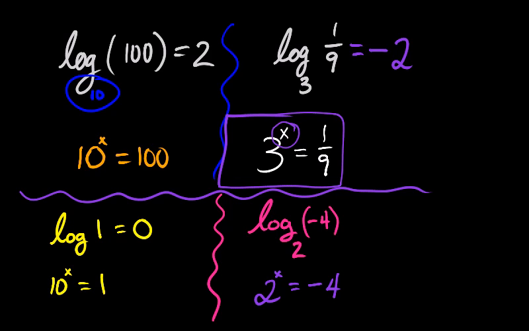And if you did 2 to the -2, based off of this problem up here, we know that 2 to the -2 would be 1 over 4. And so it wouldn't be -4. So the question would be, what could x be in order to make that equal -4? And the answer is nothing. You can never take the logarithm of a negative because you'll never find an exponent that will make the base become negative. So it's not possible.